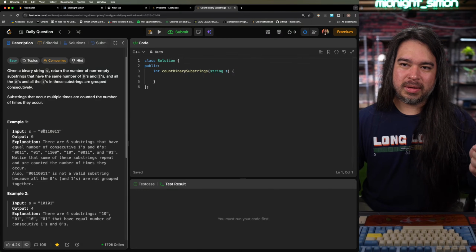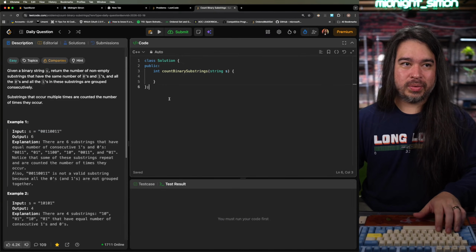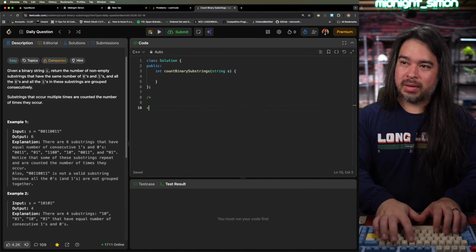And anytime I detect that the previous character is not the same as the current character, or anytime the streak breaks, then I have to take the minimum of the 2 streaks. Let me try to show you what I mean.